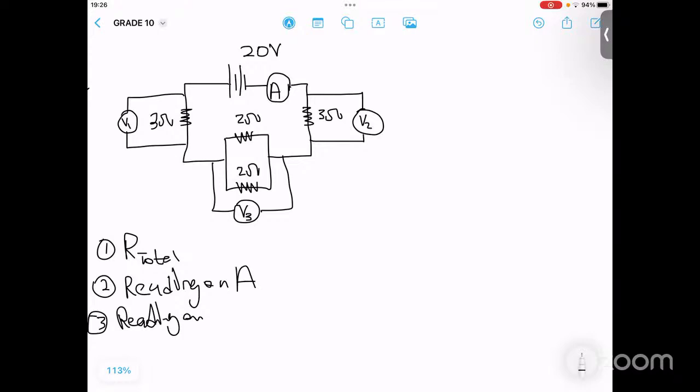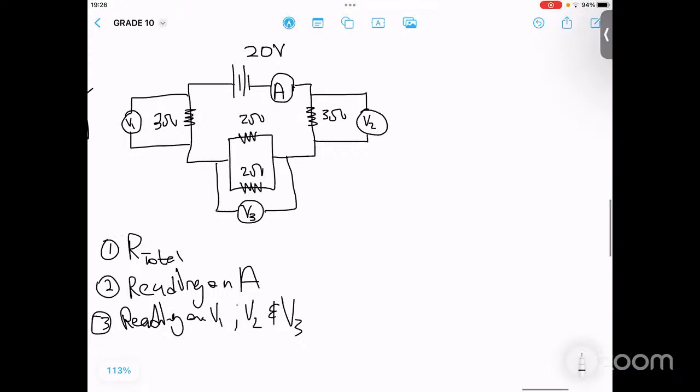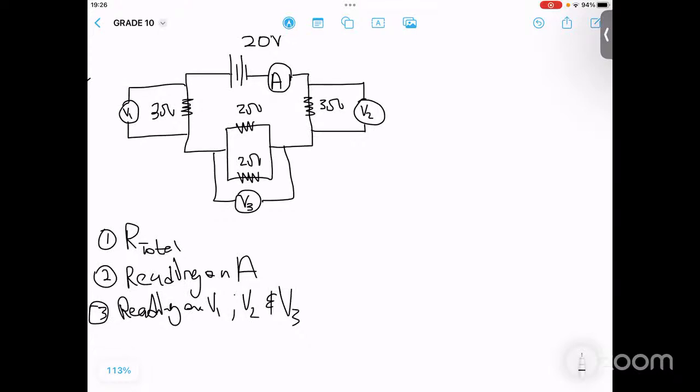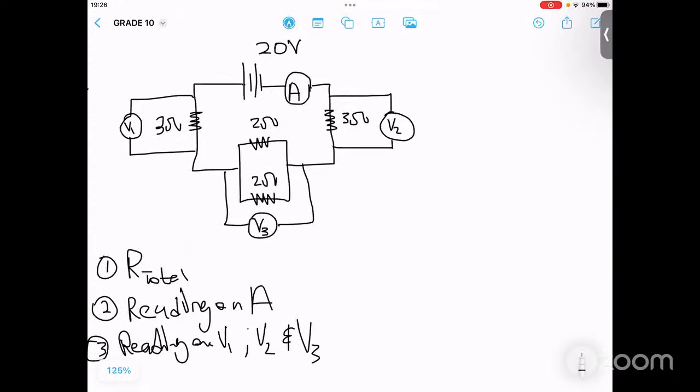Almost exactly what I did. It's what is expected of you to do. Maybe let me zoom in a bit so that it's clear. Okay, then it's fine.